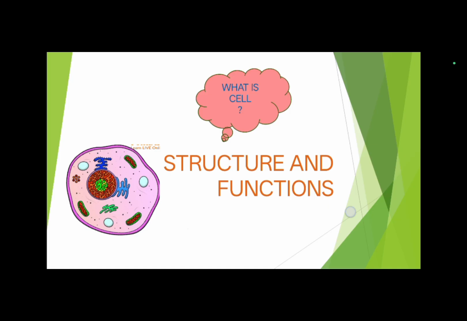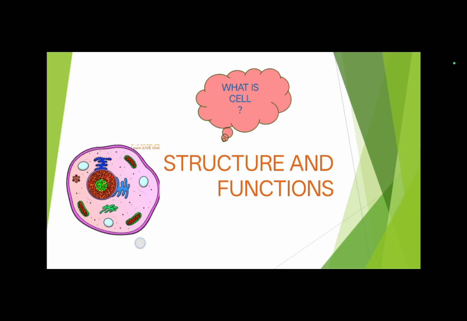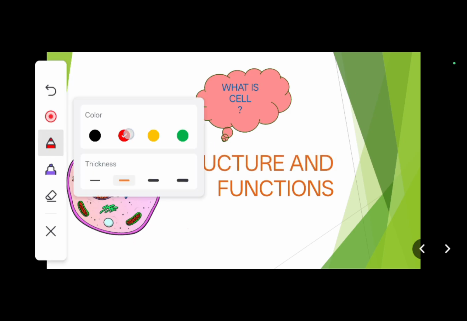Now we know what a cell is, where it is present, and why it is necessary. Then we enter into the structure of the cell. In the structure of the cell, I forgot to display a major organelle that is known as the plasma membrane. The plasma membrane is an important organelle in a cell.